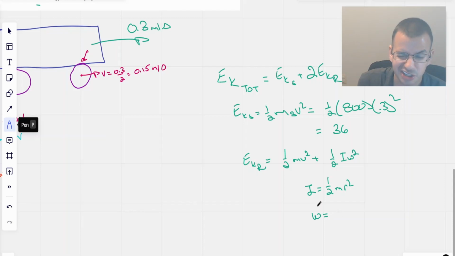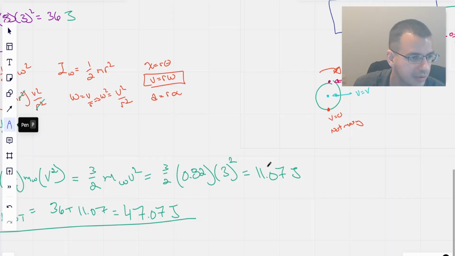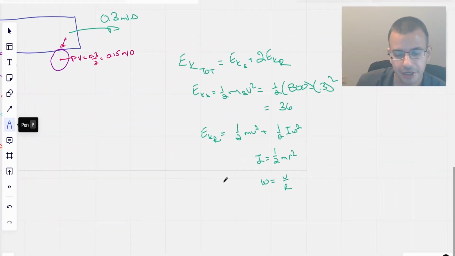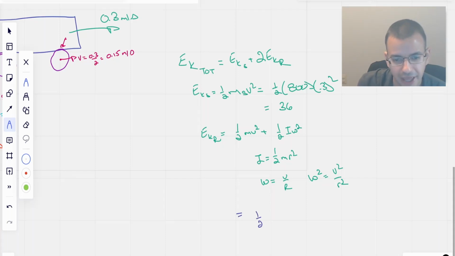Omega, which is the angular speed, is v over r. Check that over here, just make sure that's similar to what I did over here. Omega is equal to v over r, yep. Therefore, omega squared equals v squared over r squared. I know I should use only capital, only lowercase. I should be more consistent. I am not. So then we have 1/2 mv squared plus 1/2 times 1/2 mr squared times v squared over r squared.